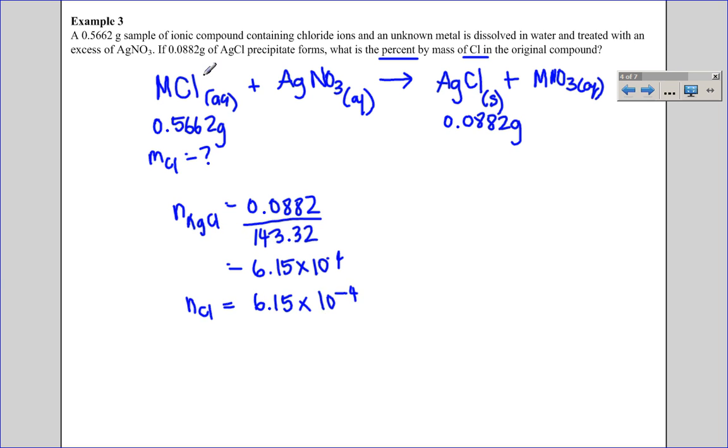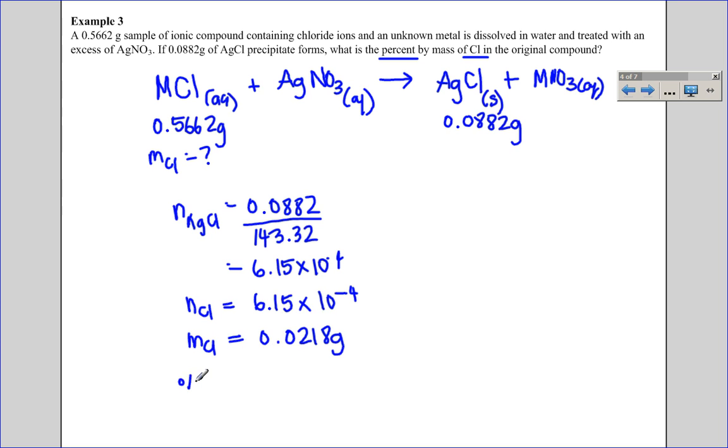So I now know that the moles of chlorine in this original sample is 6.15 times 10 to the negative 4. So I can figure out the mass of just the chlorine in that particular sample by multiplying by its molar mass of 35.45. And we find that there are 0.0218 grams of chlorine in the original sample.